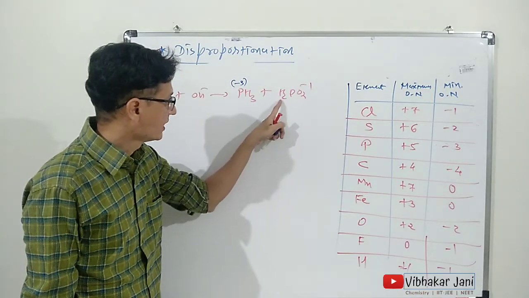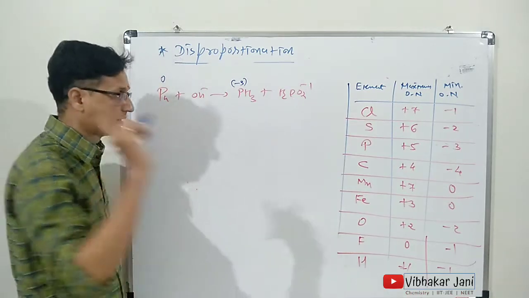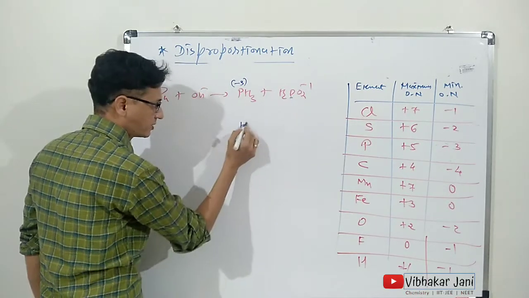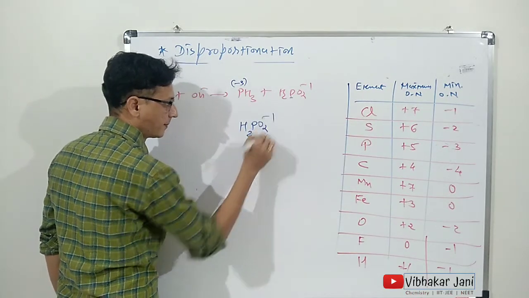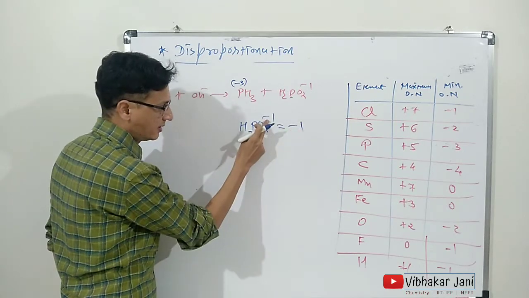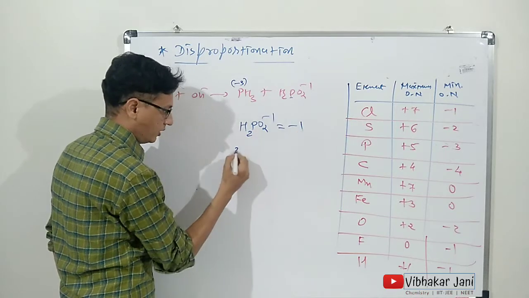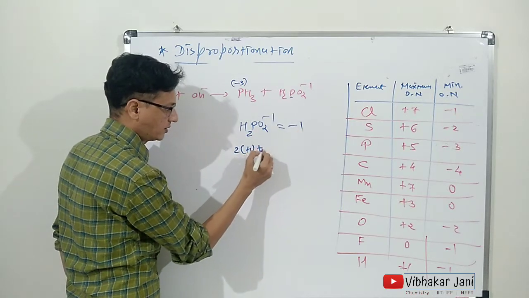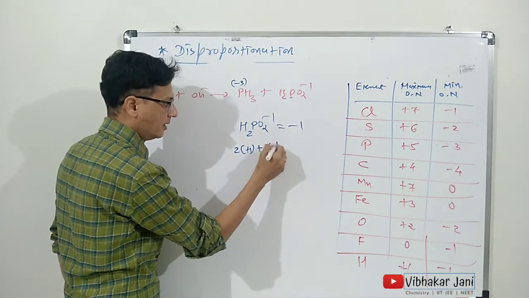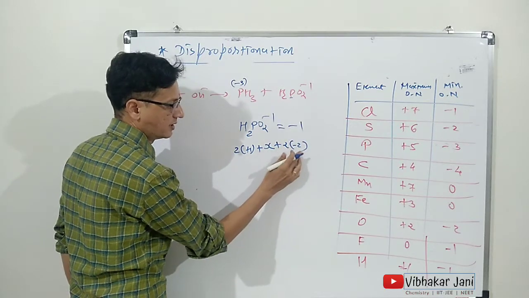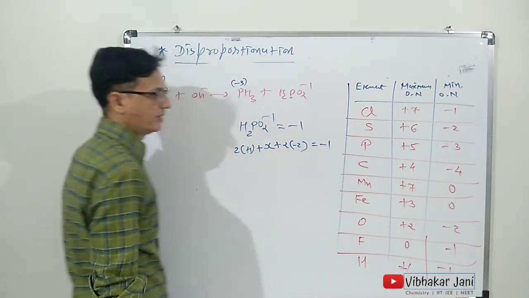In H2PO2 -1, the charge is -1, therefore I have written -1 after the equals sign. 2 multiplied by +1, plus x for phosphorus, plus 2 multiplied by -2 for oxygen, is equal to -1.